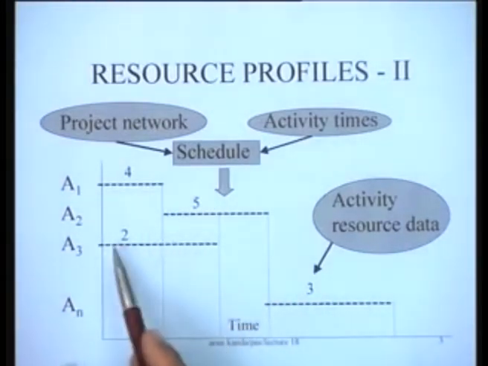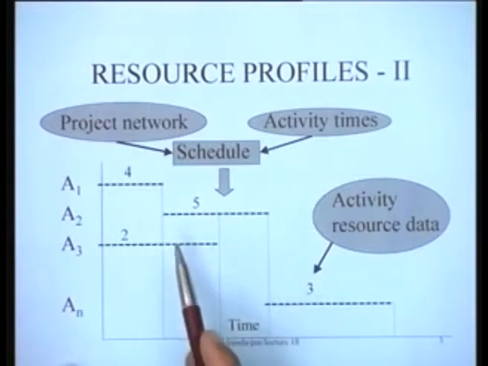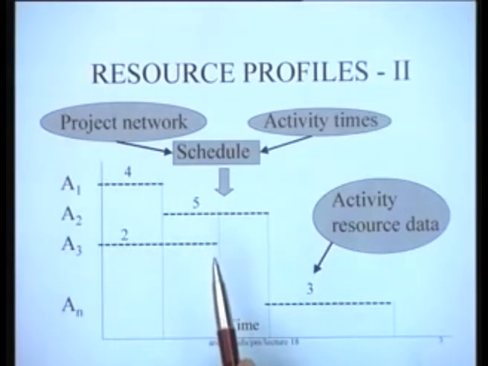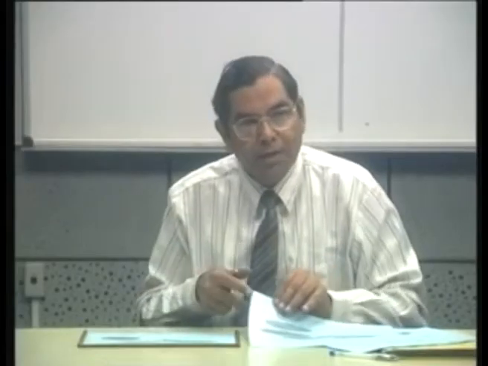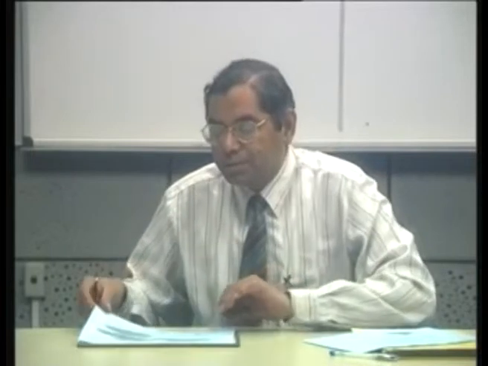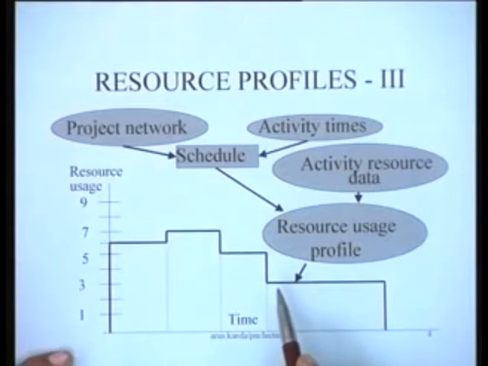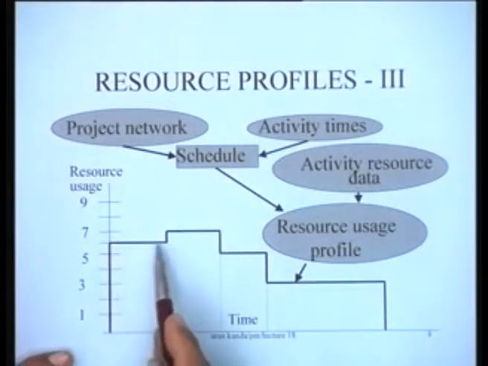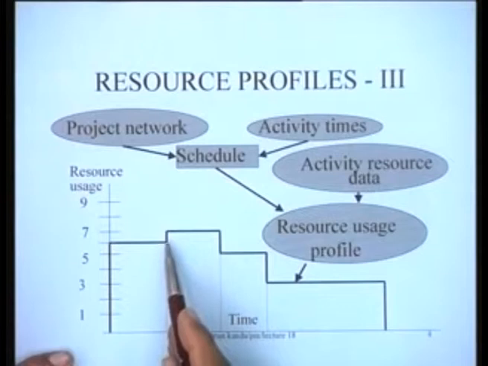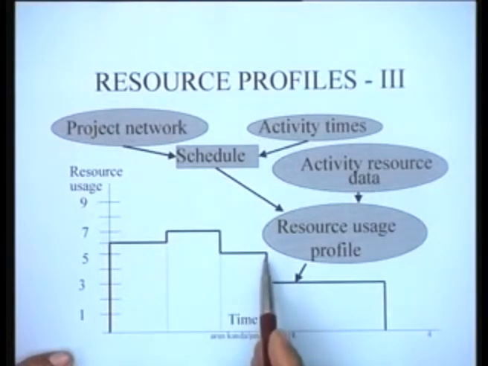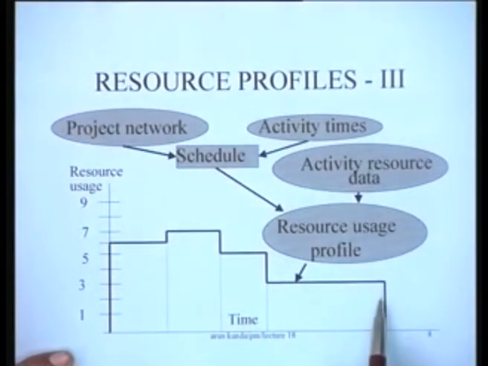So depending upon which activities are active at what particular point of time, we can determine the resource usage profile. For this particular example, the construction of the resource usage profile, as we have seen, shows that we require 6 men in this particular interval, and then 7 men here, and then 5 men here, and then 3 men for the subsequent part of the activity. So this particular graph is called a resource usage profile.